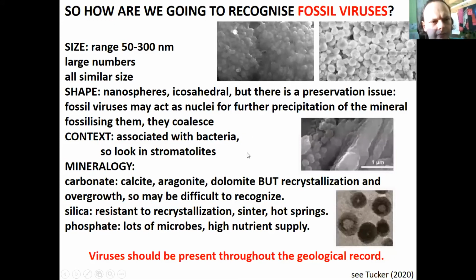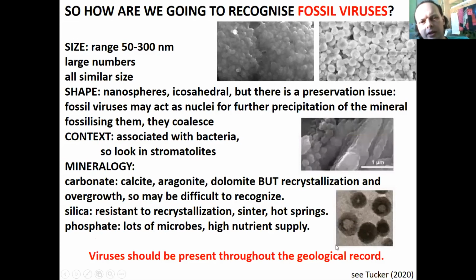And what systems? Oh, here we go. Pamukkale, why not? Or an ancient equivalent of Pamukkale. So travertines, sinters, hot springs, and so on. Silica, phosphate, and other minerals. Here we have, for example, silicified viruses.